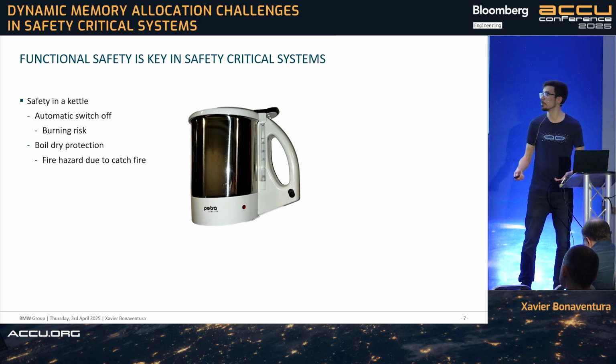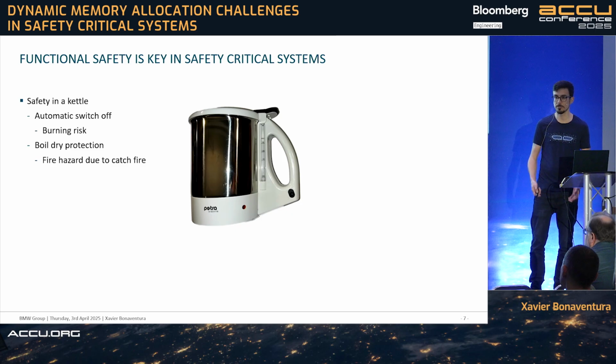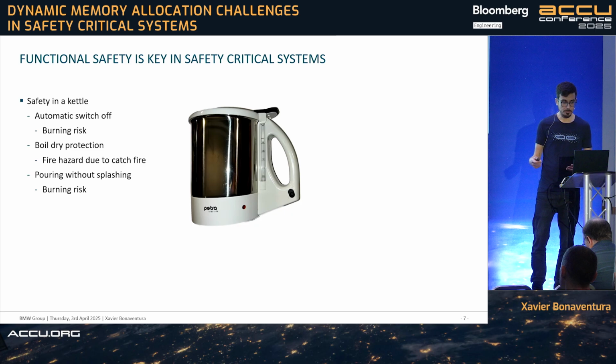You want to prevent a fire hazard that goes into flames or something like that. And then, last but not least, you want to avoid the splashing of boiling water when you pour it, and usually they have some mechanism. All of these are mechanisms in order to achieve this functional safety, that the user is safe.